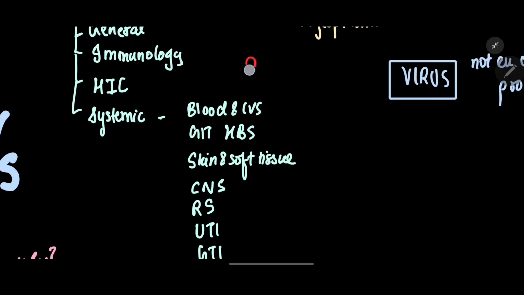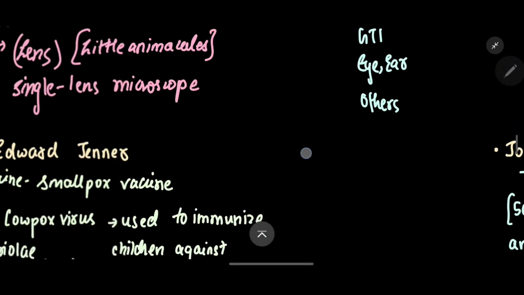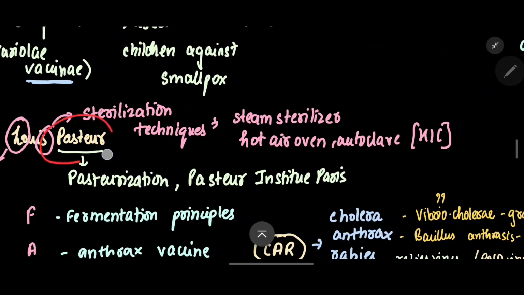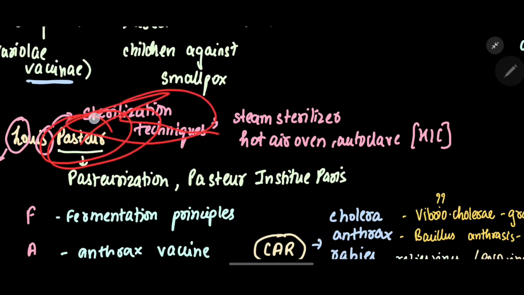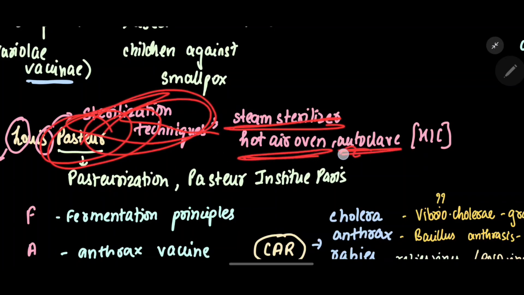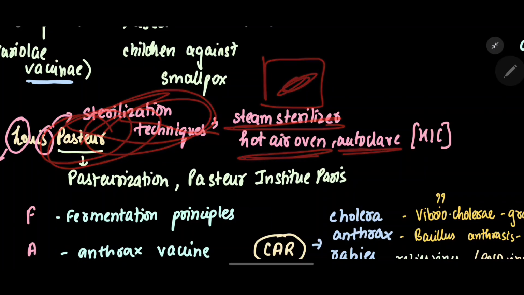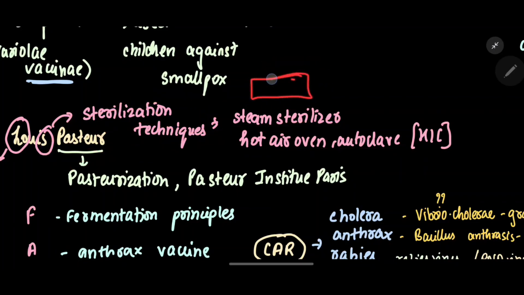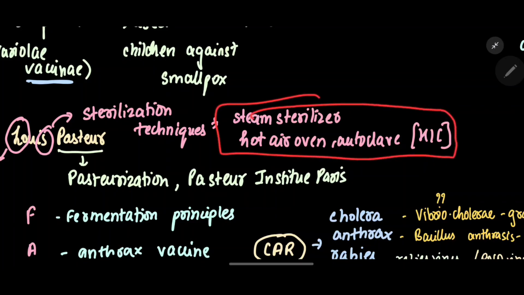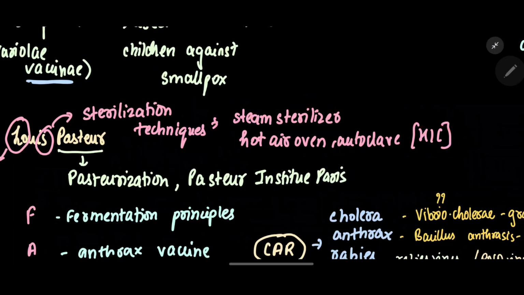Before that, there's a process called sterilization. So, who came up with this? This guy came up with some sterilization techniques like steam sterilizer, hot air ovens, autoclave. Basically, you put your instruments in a hot oven, for example, and the heat kills the microorganisms. And we'll study about this in detail in HIC, so don't worry.